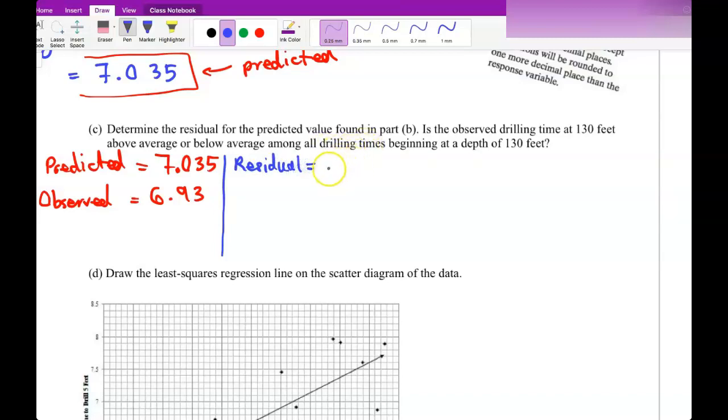It is the difference between these two, so observed minus predicted. So that is equal to negative 0.105.